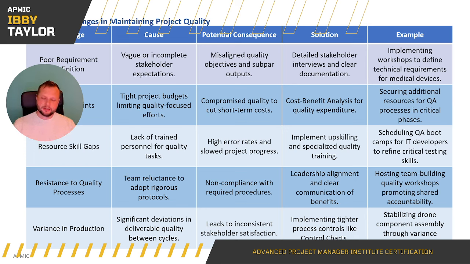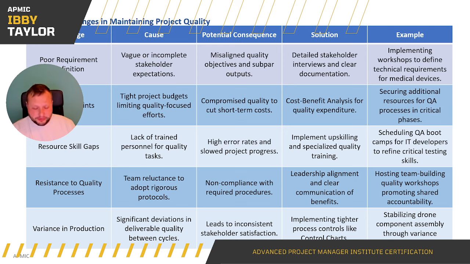If you don't understand the quality standards that you need to meet, and you then meet a lower bar, when you go to deliver that project, the customer's going to take one look at it and go, well, this isn't of high enough quality. What happened? And then opens up a whole can of worms and you have to go find out what happened, which is always fun. Cost constraints, resource skill gaps, resistance to quality processes, variance in production.